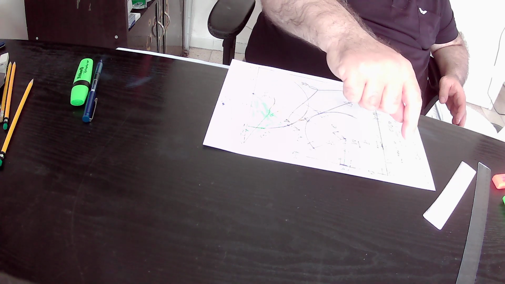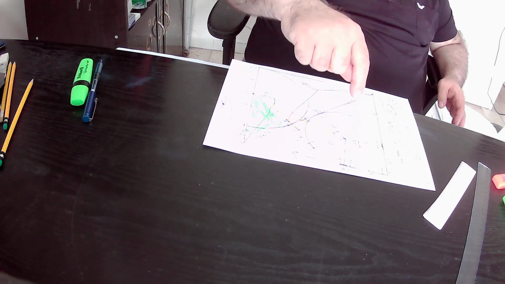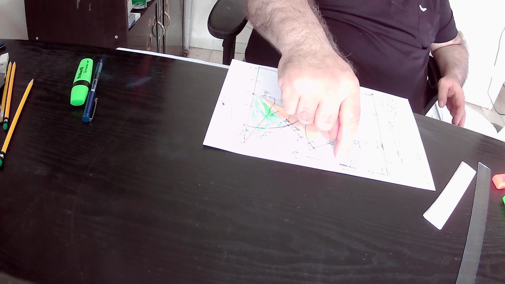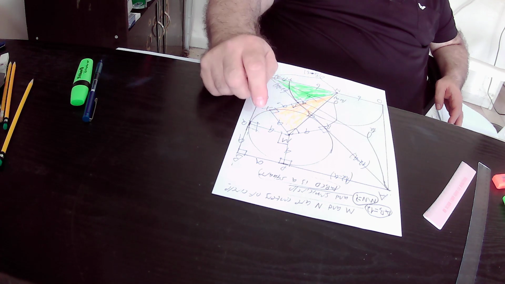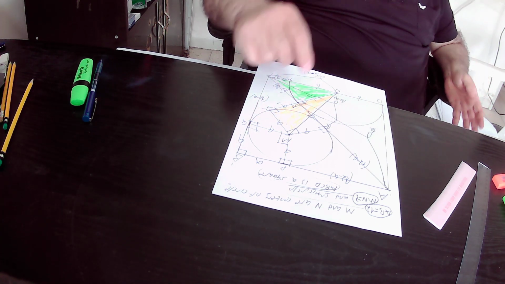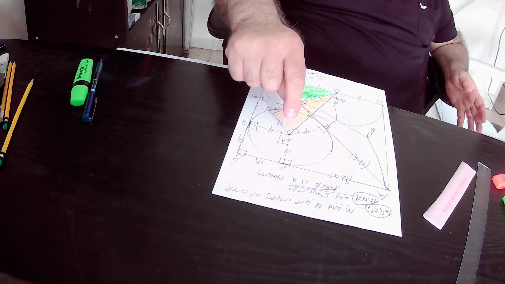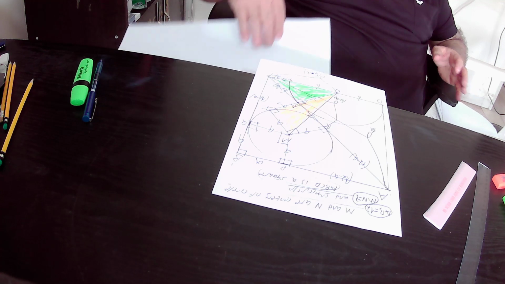In this case, tangent BC will be perpendicular to the radius QM, that is to say this angle equals 90 degrees, and this angle will be also equal to 90 degrees. So in quadrilateral PBMQ we have 3 right angles. The sum of 3 right angles is 270 degrees, plus the size of the 4th angle, that is actually angle PMQ. In total they must be equal to 360 degrees.